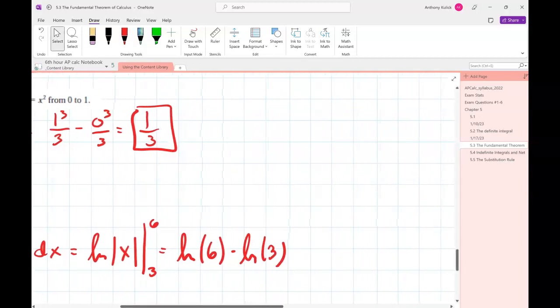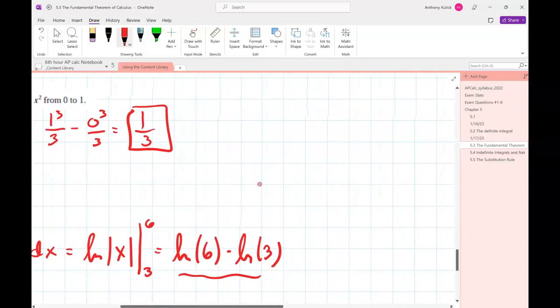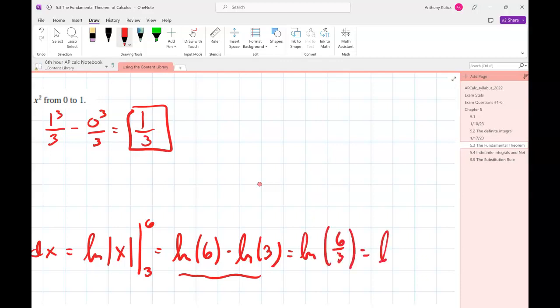And I notice here I can do something with this, right? That's the quotient property of logarithms. So I could simplify this a little bit more to just make it the natural log of 2. But this is what I'm talking about here. How much easier is doing an antiderivative than all that limits of sums of nonsense? Significantly easier.